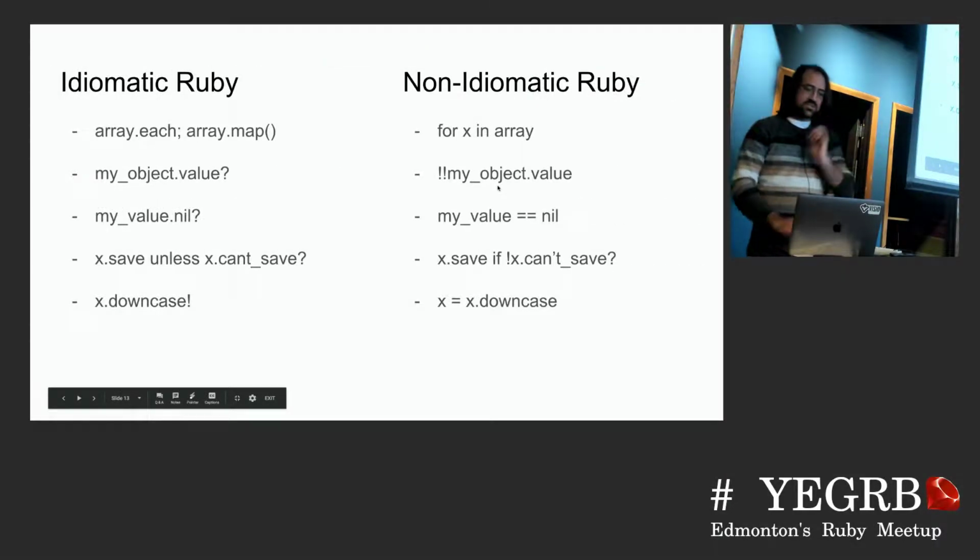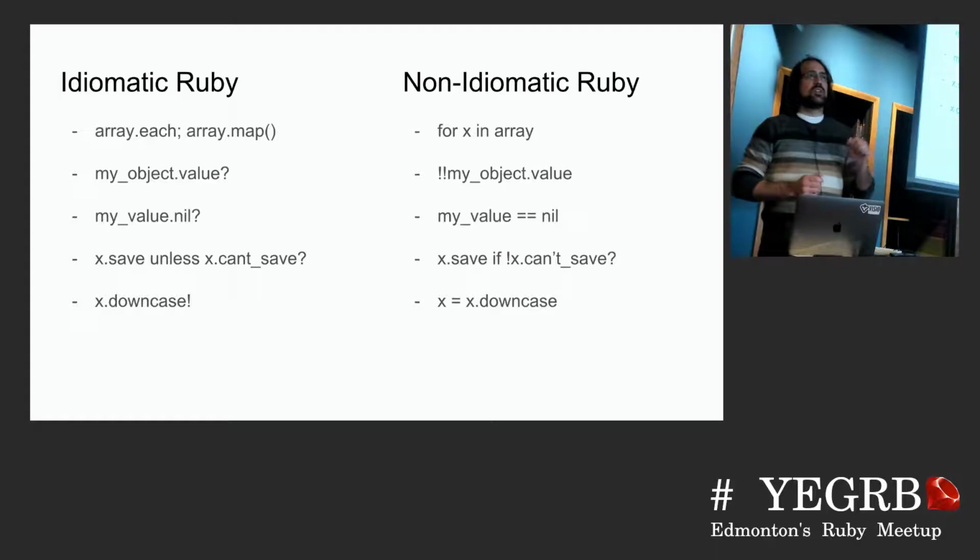Going into some examples of, again, that very low-level kind of idiom. In Ruby, it is so common to use array.each or array.map for loops. I don't know why, but I don't think I've ever seen one. Nobody does it. It's just weird. That's how it is. This is one of my favorites, the second one. My object.value question mark.